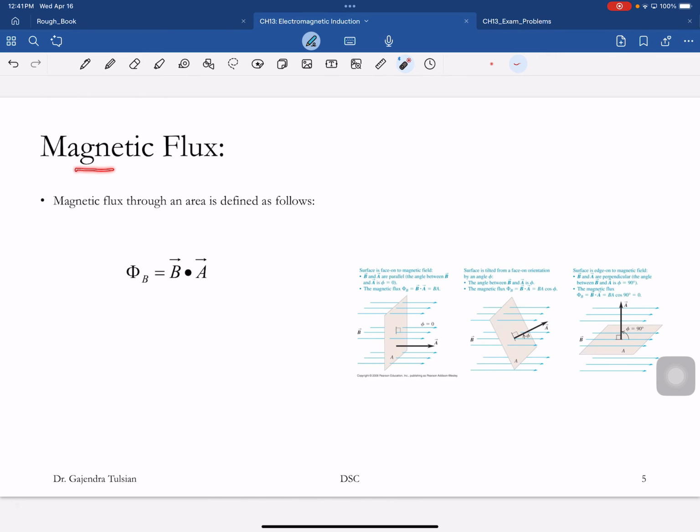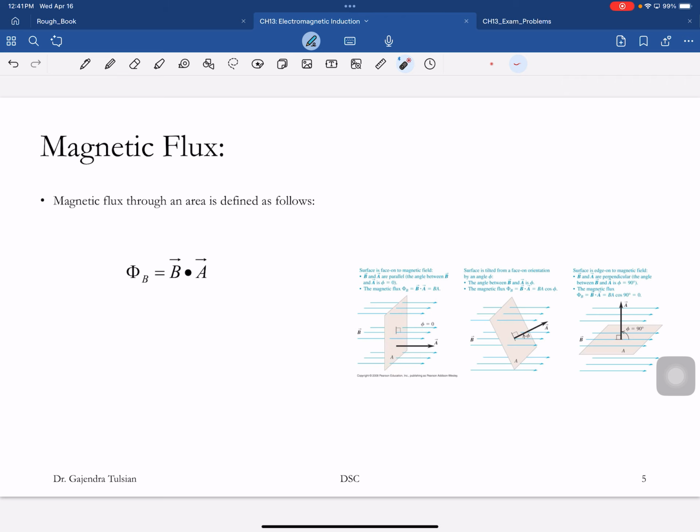So we'll talk about magnetic flux. Just like water flux or material flux, it's how much fluid is flowing. We also talked about electric flux. So you can think of magnetic flux as how many magnetic field lines are threading this area.